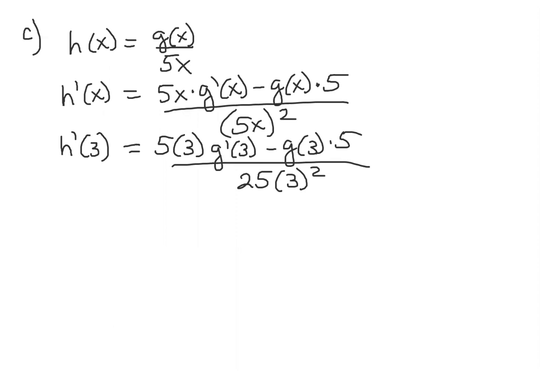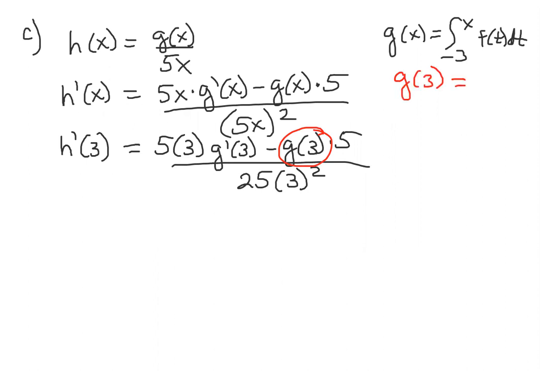Remember that g is defined as the integral from -3 to x of f of t dt. We already found g of 3 in part A. Do you remember that? We found that g of 3 equals 9. So we can substitute a 9 in there, and g prime of x just equals f of x.